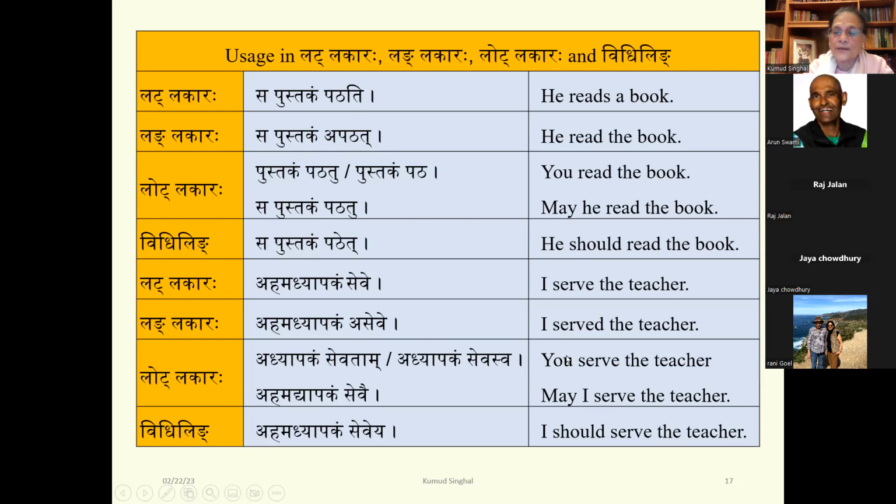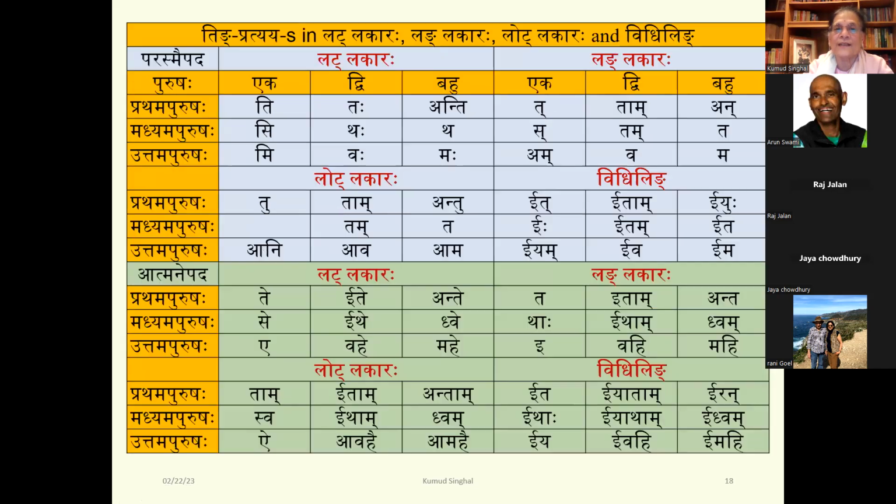So I have prepared 3 sheets as a reference, which I think will be very useful. These are the suffixes which simplify in lat, lang, lot, and vidhiling. As I prepared it for the sandhis, you had 3 sheets of paper. Now for the verbs, there are 2 more.